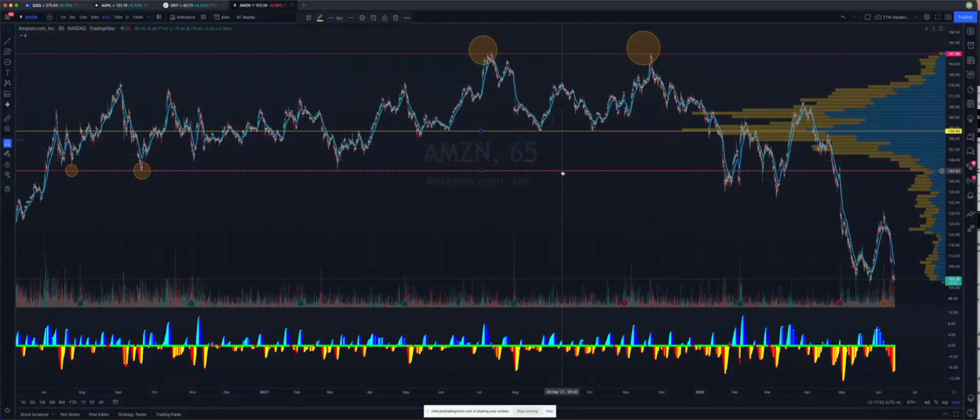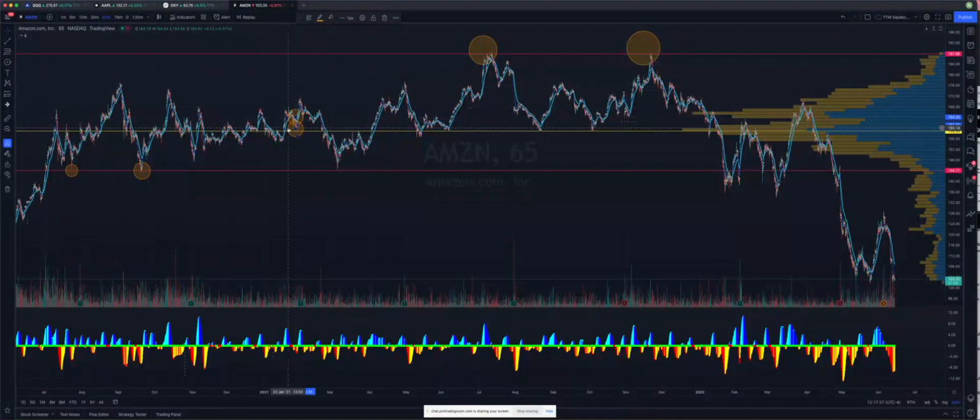And you can see this point of control has acted as support and resistance within this larger node. More than anything, you can see some pretty clear places where it has shown support, right? So we're trading above that level, right?